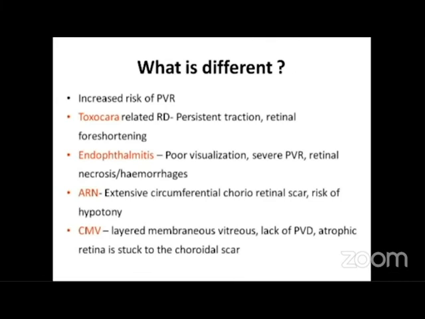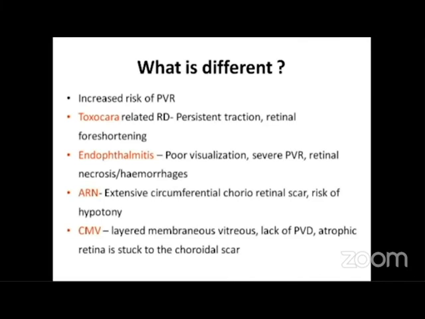In toxocara-related retinal detachments, there is often persistent traction and sometimes even retinal foreshortening in the periphery. Hence, dissection needs to be carried out right up to the ora serrata, sometimes even into the pars plana, and occasionally a retinectomy may be required to relieve the retinal foreshortening.